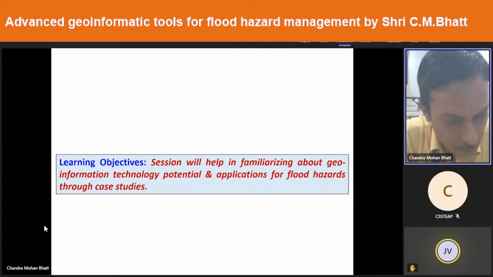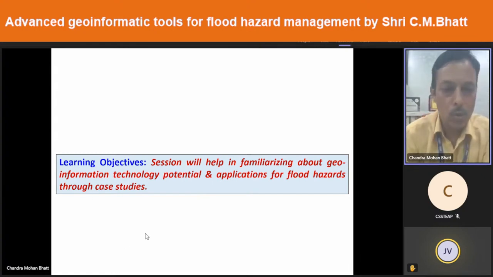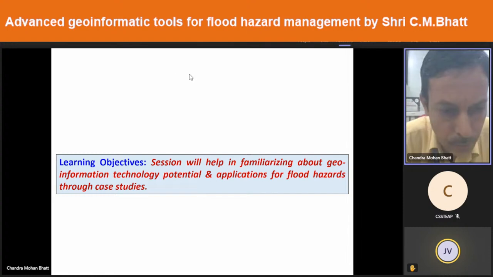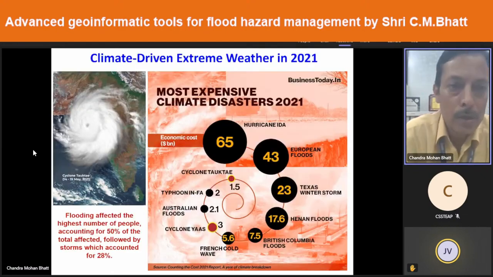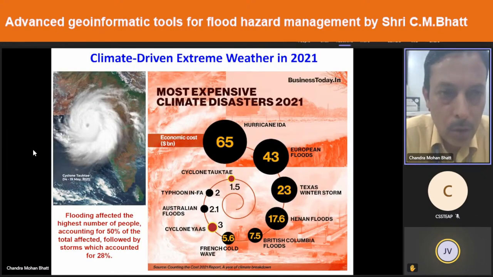At the end of this session, you will probably know much more about this technology in the field of flood hazard. Since you may be from different fields, I'll also try to give some basics of how this technology helps for floods, with some other examples. So let us start the talk.